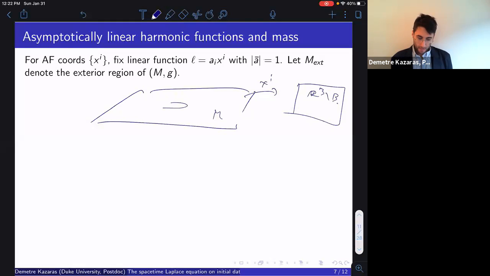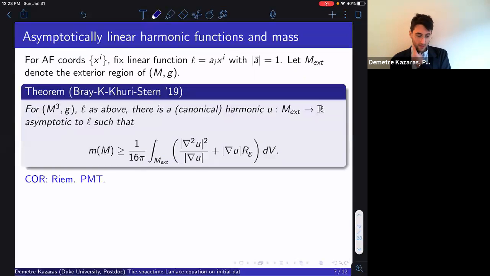Okay, I'll explain this business about Mx, the exterior region, in a moment. But for now, let's just think about the situation. We have this linear function on the manifold, you call it an asymptotically linear function. And here's a statement.